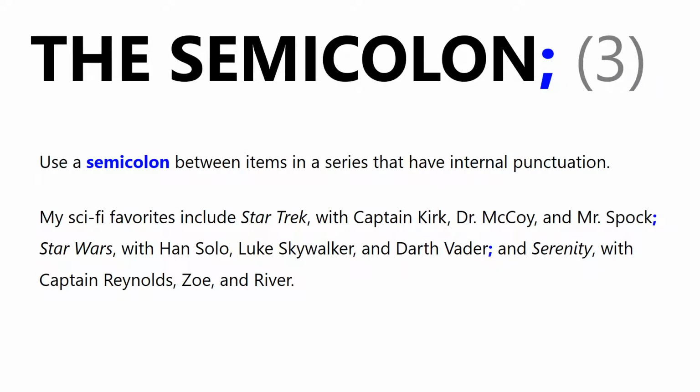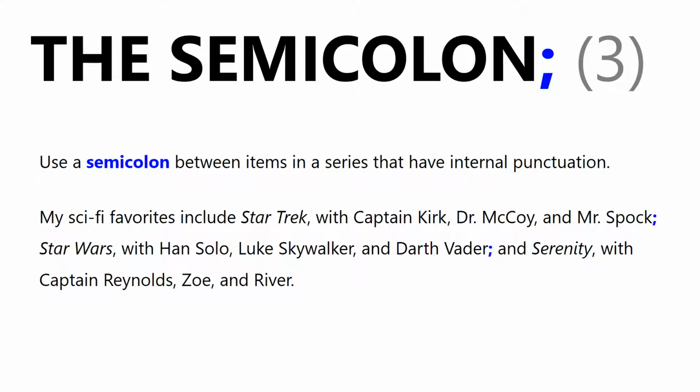The semicolon doesn't just join two independent clauses. You can also use a semicolon between items in a series that have internal punctuation. Here's an example. My sci-fi favorites include Star Trek, comma, with Captain Kirk, comma, Dr. McCoy, comma, and Mr. Spock, semicolon. Star Wars, comma, with Han Solo, comma, Luke Skywalker, comma, and Darth Vader, semicolon.